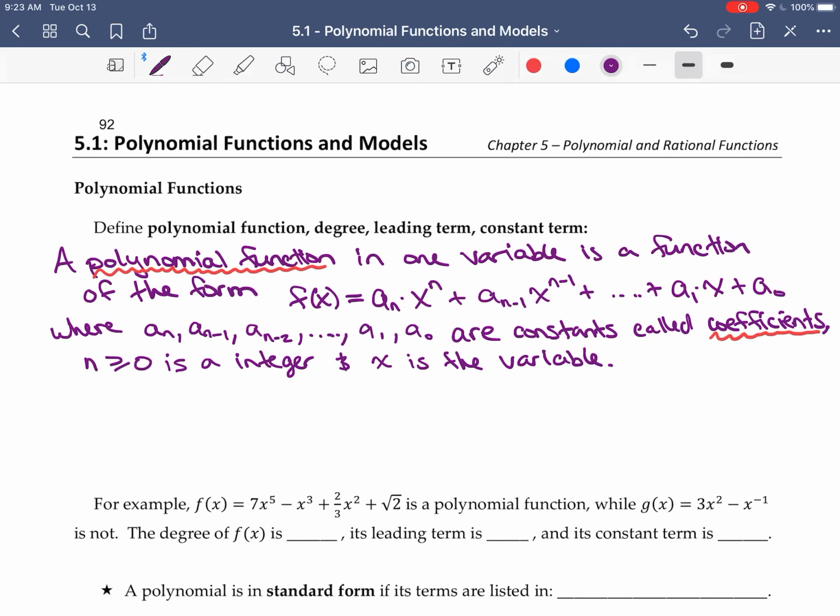Now if a(n) is not 0, so the first coefficient is not 0, then it is the leading coefficient.